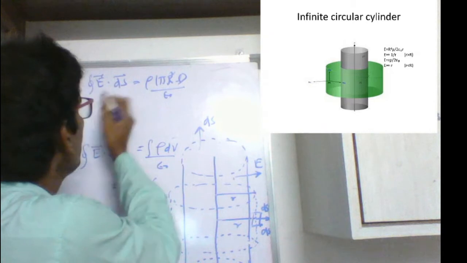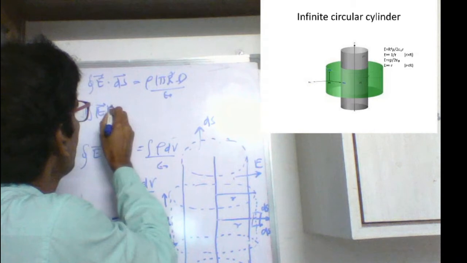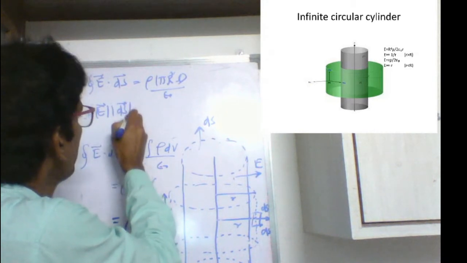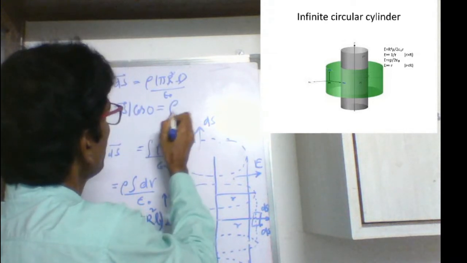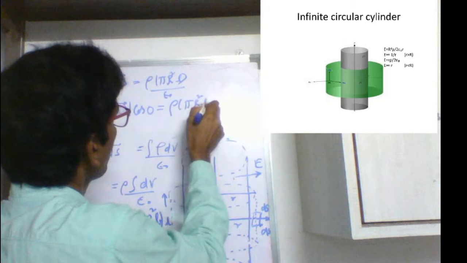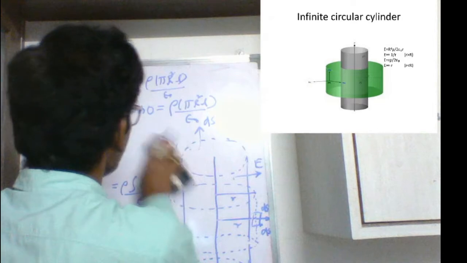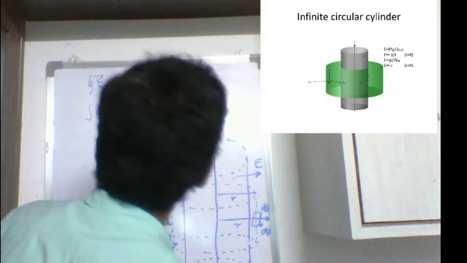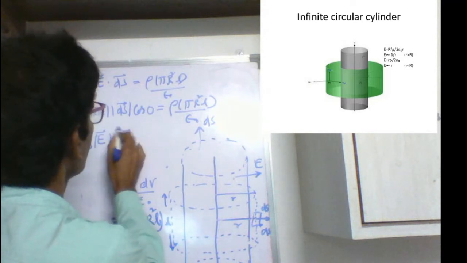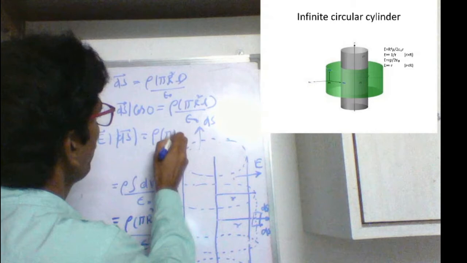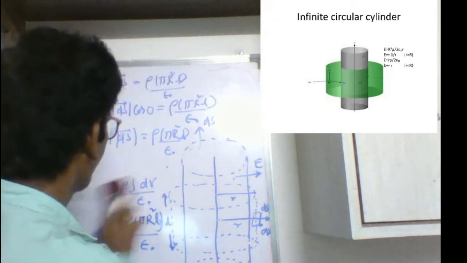So on this side you have only one non-zero integral, that is integral E ds cos 0, equal to rho pi r square L by epsilon naught. Let us simplify this in order to get E. It is just E ds, because cos 0 is 1.